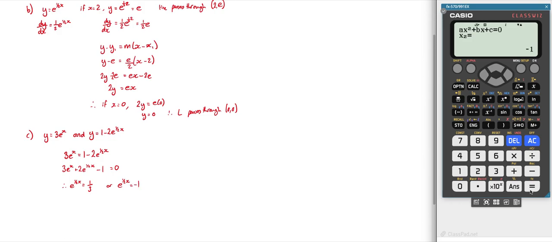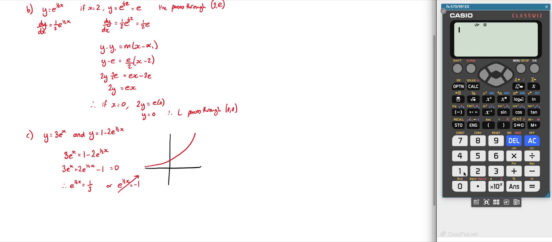Let's look at the graph of e to the half x. Now we can see it never goes negative, so that one has no real solutions, which you could check if you tried to do natural log. So the only one we've got then is this first one.